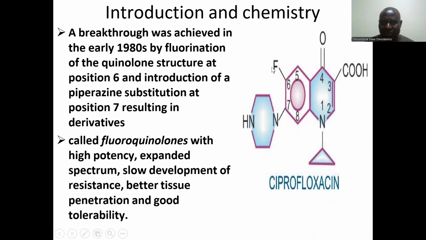That is how it was gotten. At position 6, there is attachment of fluorine, and at position 7, there is a piperazine that was attached, which increases antimicrobial activity and makes it better.